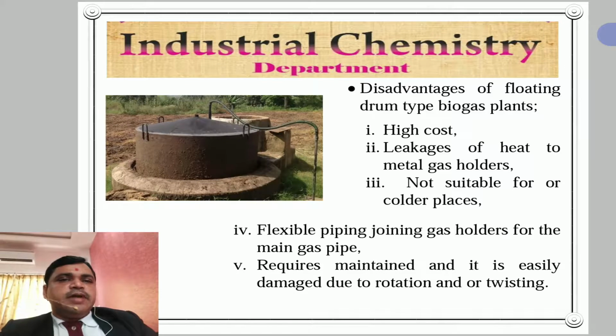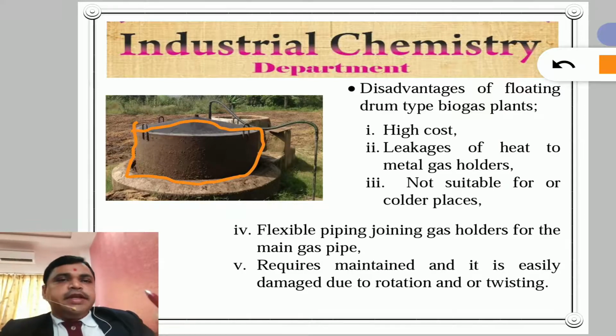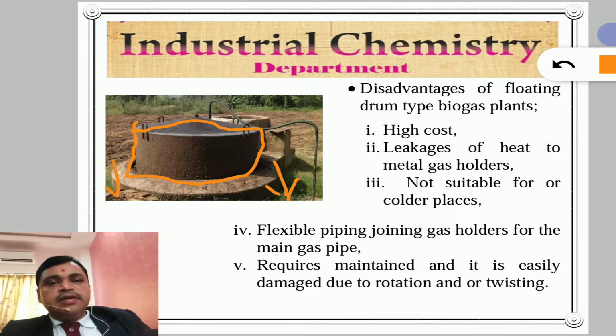Disadvantages of the biogas plant. The figure described here is a real biogas plant figure. The main part you see in this figure is the floating type gas storage or floating drum, which floats on the slurry, and the digester is below the ground level.